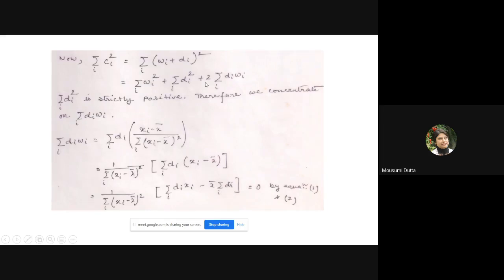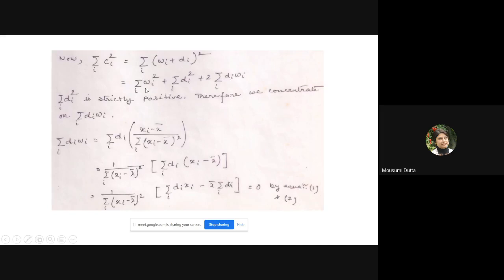If 2 summation di wi is exactly equal to negative of summation di square, in that case, these two things will cancel each other.